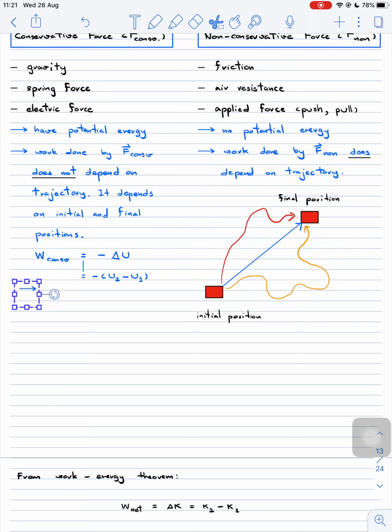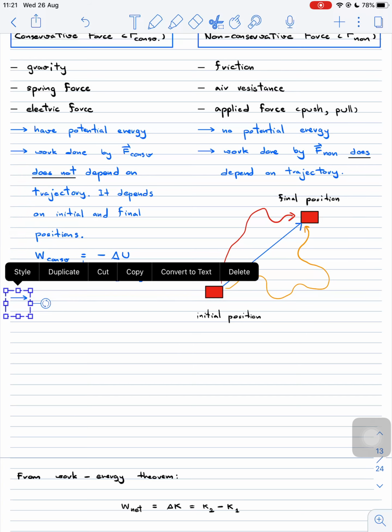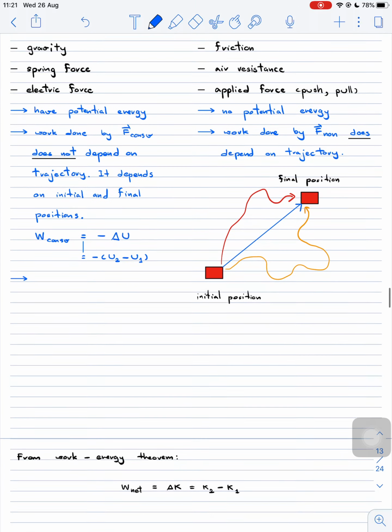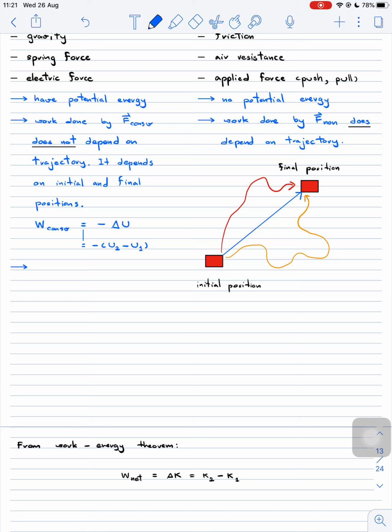So what happened to the energy? When the potential energy of the object decreases or increases, it means that it's going to convert to the kinetic energy of the object.